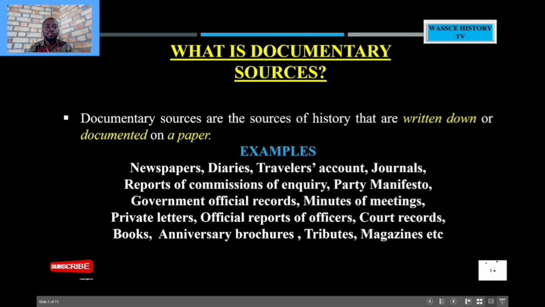All these things we are seeing here are examples of documentary sources of history, because the information written in all these things that we have enumerated is documented. That is why we brand all of them as documentary sources of African history. So if you are asked to give any examples of documentary sources of African history, you can write any of these examples for the examiner.